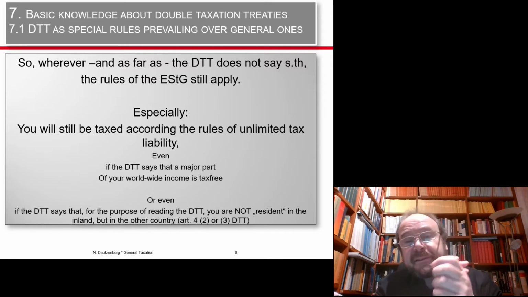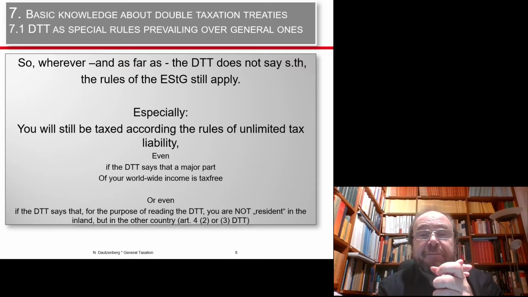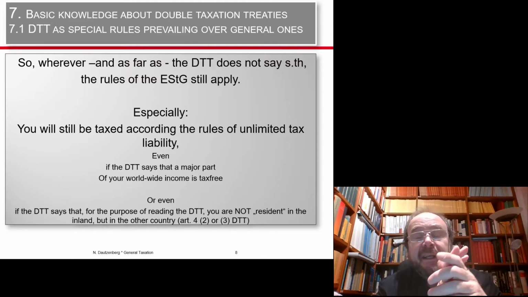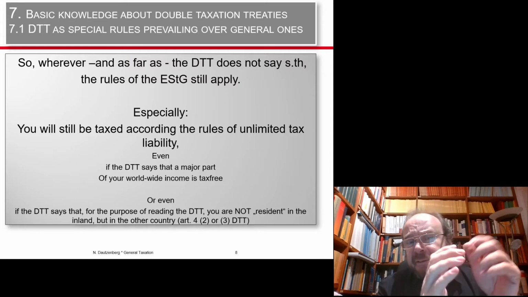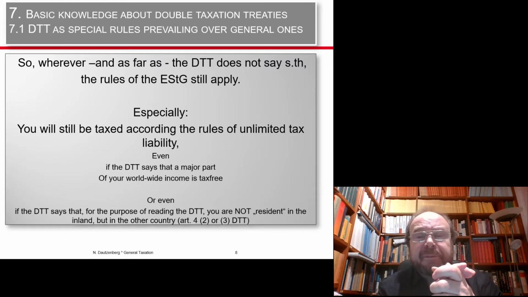Then your tax officer says, that's a different movie. The ESTG says the rules for unlimited tax liability apply if you have a residence in Germany. Do you have one? And the answer is yes, I have somewhere a small flat, which I rarely use, in Düsseldorf. Okay, congratulations, unlimited tax liability rules apply.